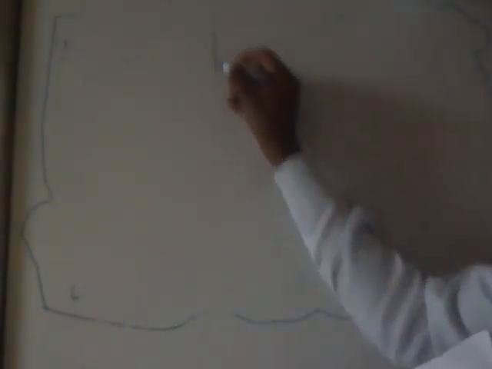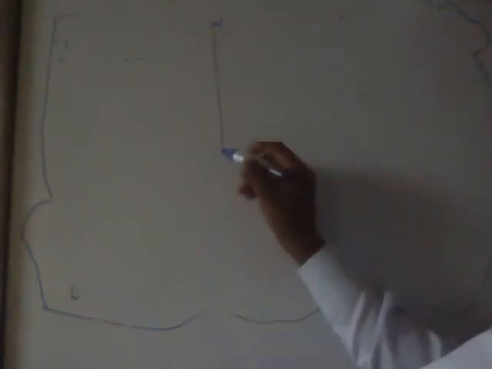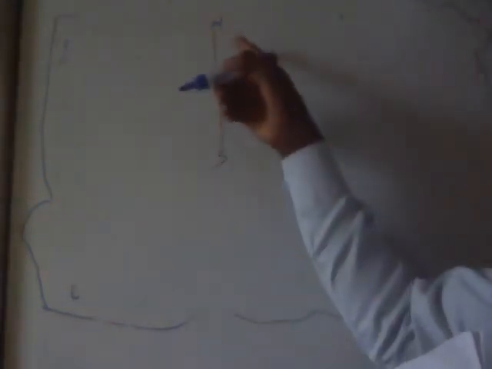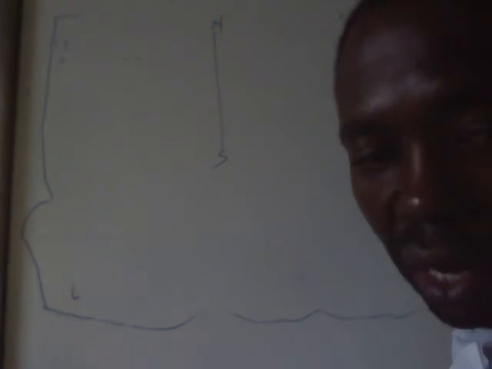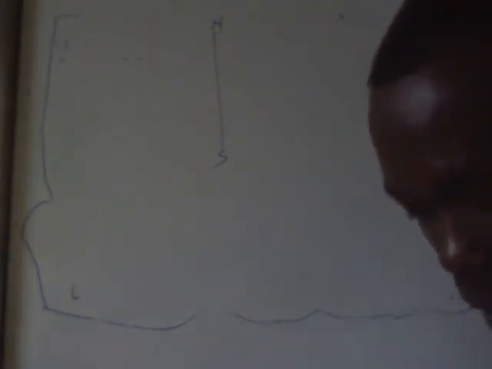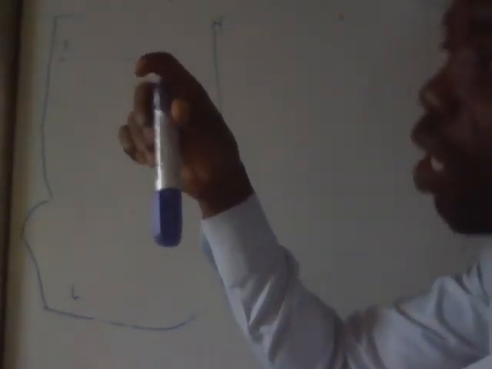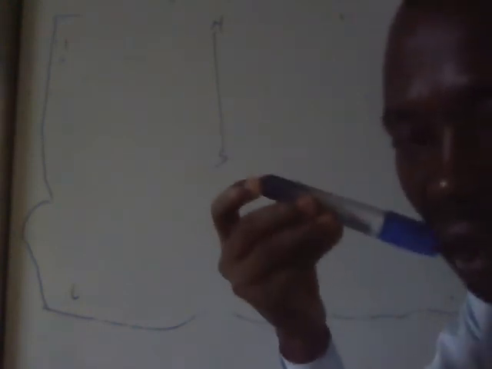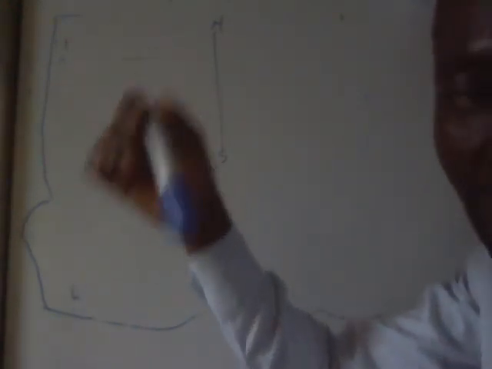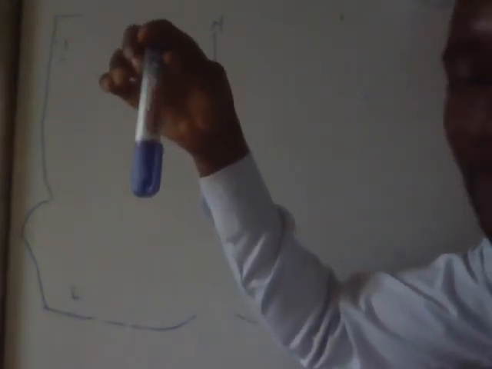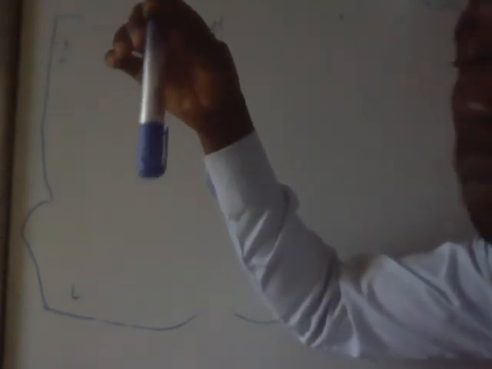So in geography, you have your north this way. This is your north. This is your south. So this is the geographic meridian. But when you carry a bar magnet like this, the bar magnet also has a north and south. When you suspend the bar magnet, it will come to rest.